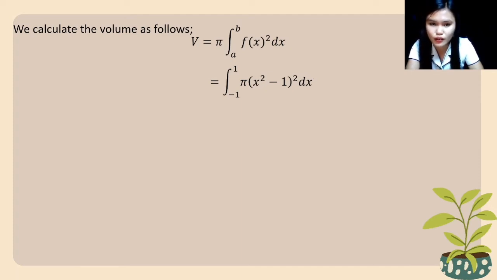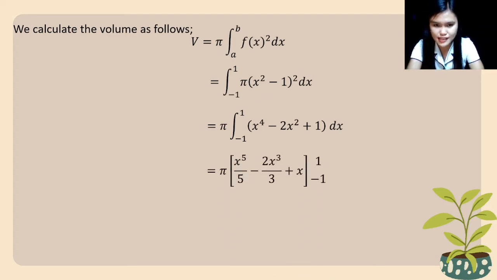So we have the pi integral from -1 to 1, and then simplify (x squared minus 1) squared. It is equal to x to the fourth minus 2x squared plus 1 dx. Using integration, we have pi times x to the fifth over 5 minus 2x cubed over 3 plus x.